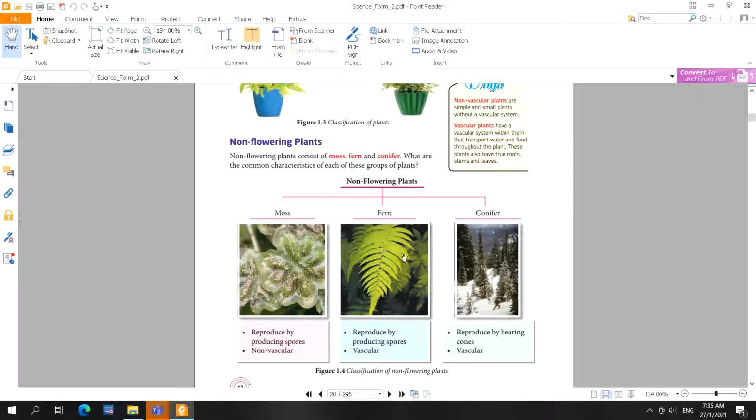Number 2 is fern. Ferns reproduce by producing spores, same as moss, but the difference is they have vascular. That means a vascular system within them that transports water and food through the plant.